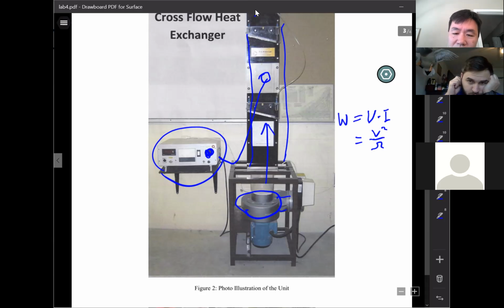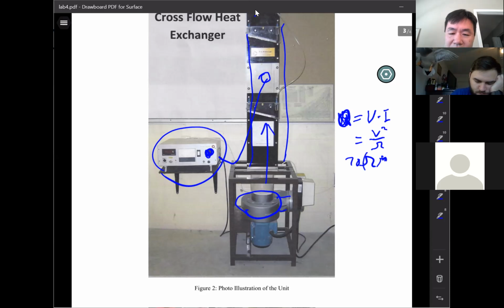I can use Q to represent the total heat generated from the electrical heater. The resistance given is 70 ohms. Based on the voltage you adjust, you can calculate the total heat generated from the electrical heater.